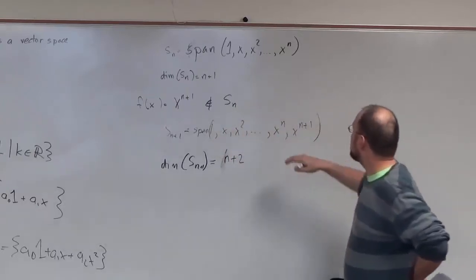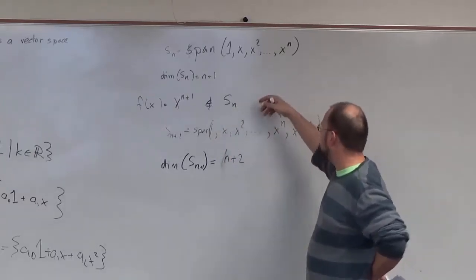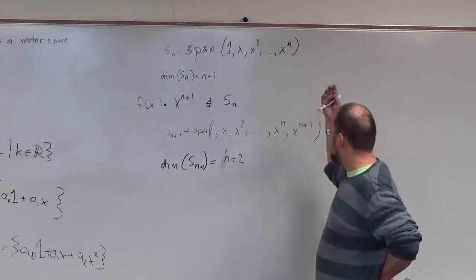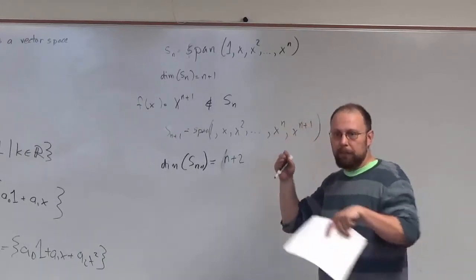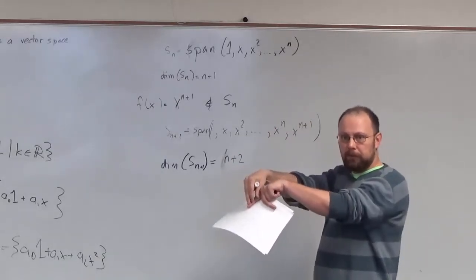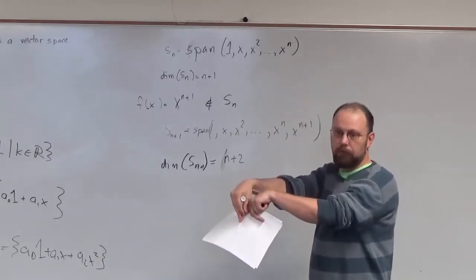So inductively we see that, give me a number, we have a subspace of that dimension, but we can always find a subspace one dimension larger.